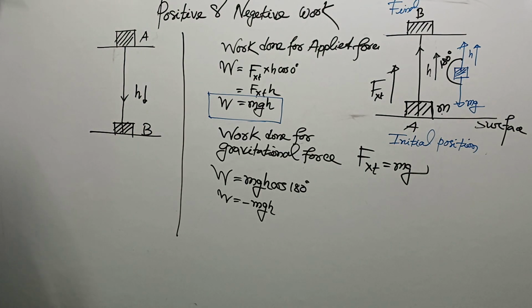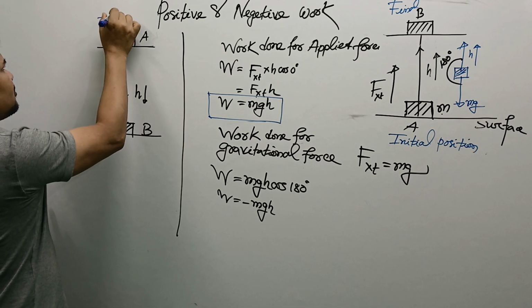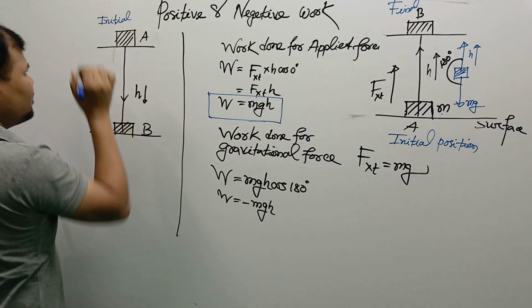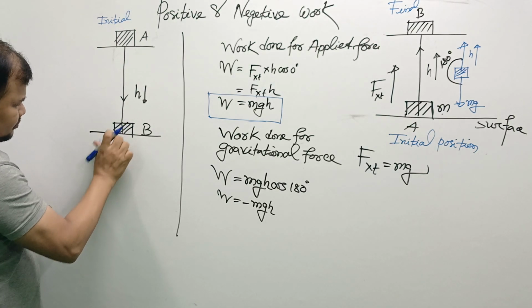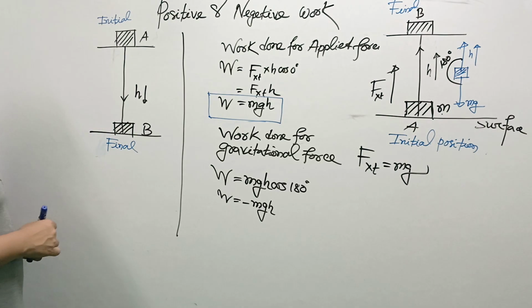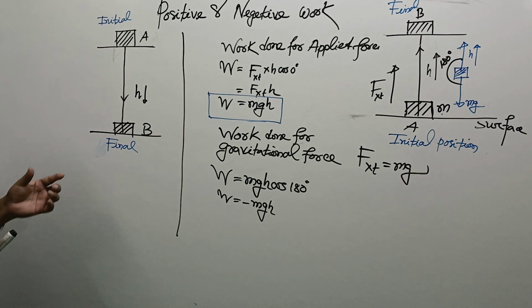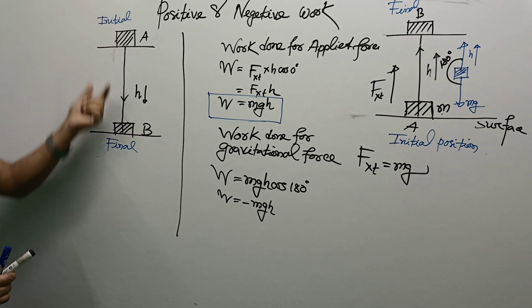The direction of the displacement will be downward, because we know the minimum distance from the initial point to the final point. This is the initial point and this is the final point. So the direction of the displacement is always counted from initial to final by the minimum distance.